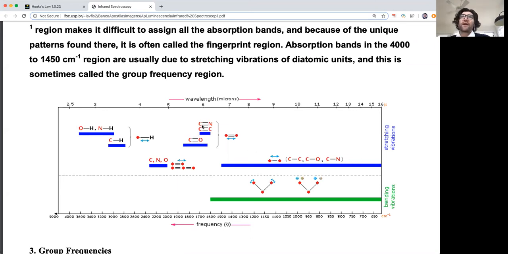And the stretching vibrations for double bonds are around 1700 for C=C double bonds, whereas for single bonds, they're around 1000, or in this region here.